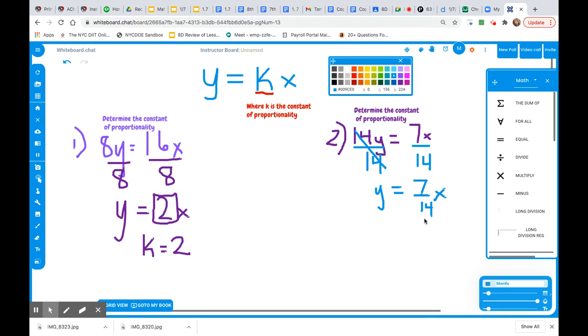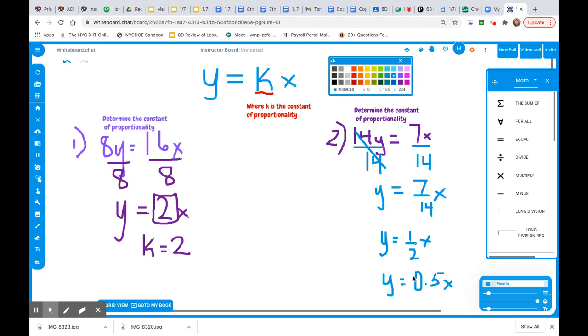But this can be reduced to y equals 1 over 2, or 1/2 x. Or if you want to write it as a decimal, you can do the decimal as well: y equals 0.5x. Right? All of these answers are correct.